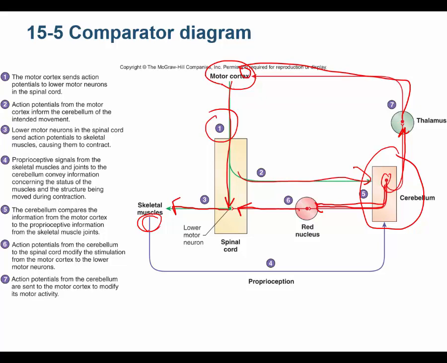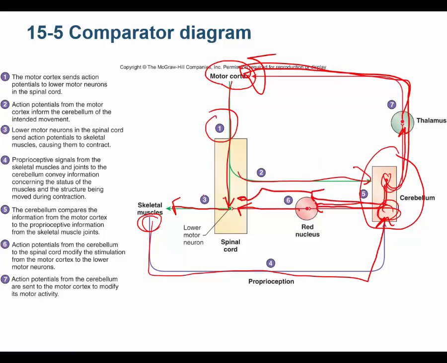The Pacinian corpuscles, Golgi tendon organs, and muscle spindles of those joints send signals back to the cerebellum via the spinocerebellar pathways. And your cerebellum checks to see, is anything going on that is not going according to plan? It tells the motor cortex if anything is not according to plan, and it will automatically modify it if it has to.